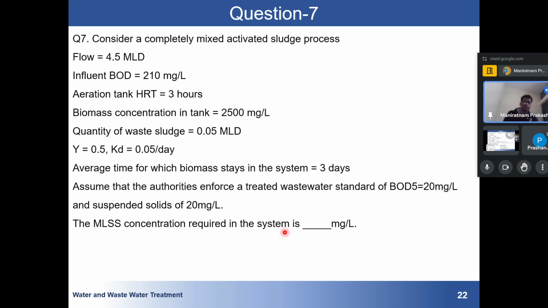I have said, what is my main target in wastewater treatment? My main target is to dispose of our wastewater. So in India there is the CPCB, the Central Pollution Control Board.